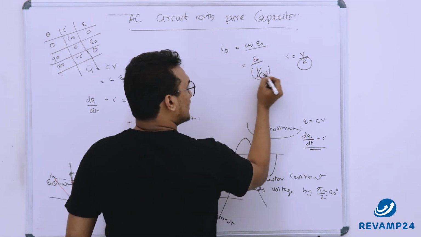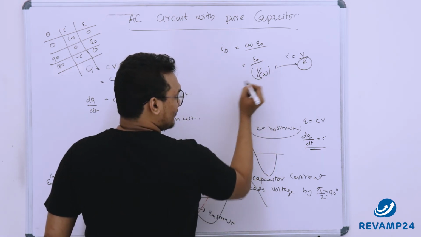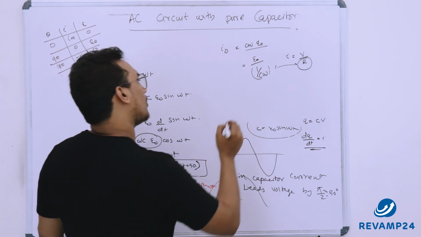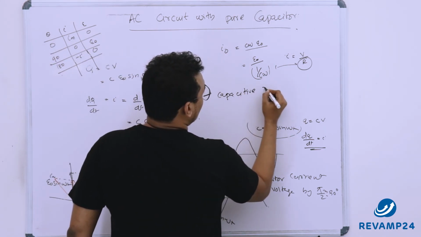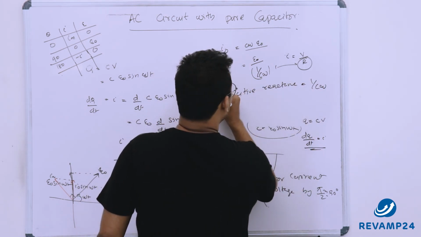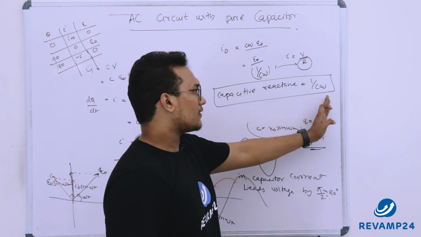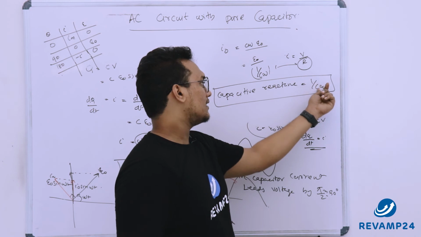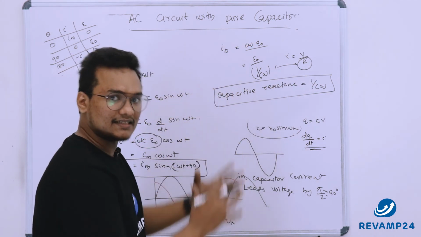Now I can say that this comes in the same position as resistance. So as we have a capacitor here, I am going to call this capacitive reactance. Capacitive reactance, and the value is 1 by C omega. Now in this case, when the frequency of the current increases, C omega increases and capacitive reactance decreases.